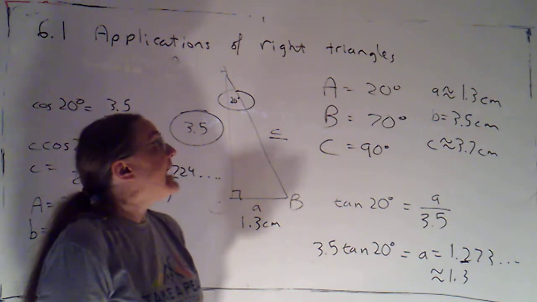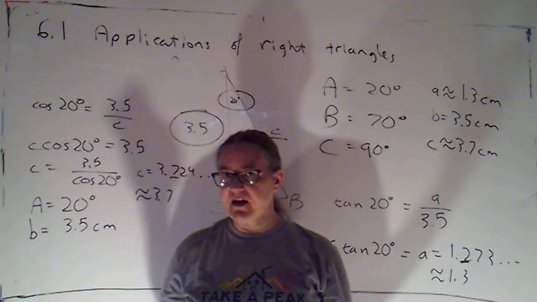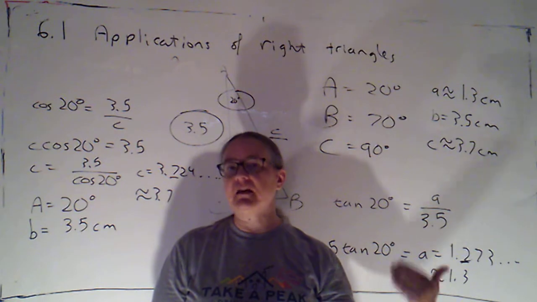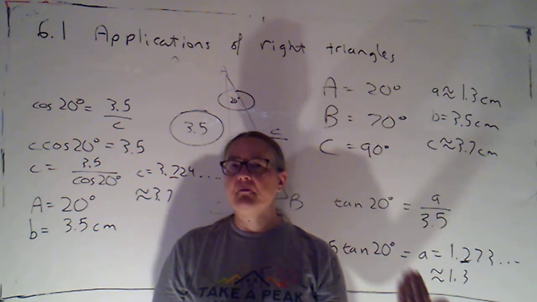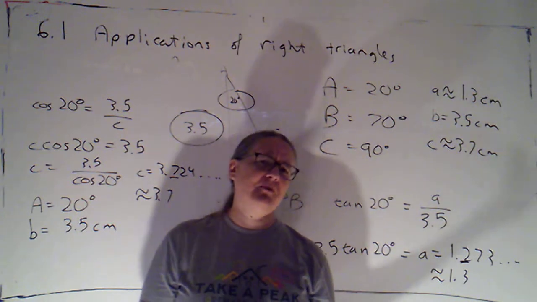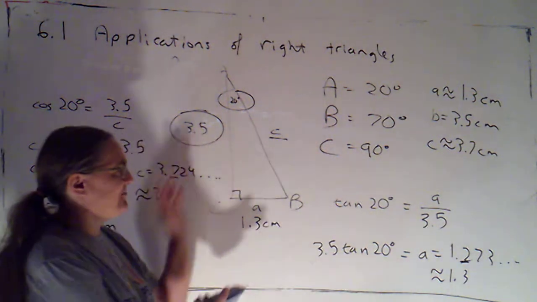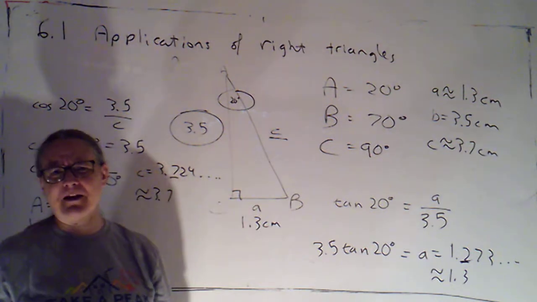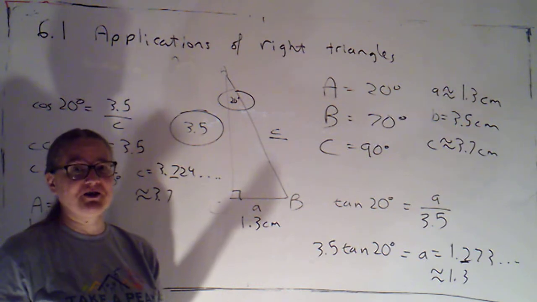Okay. Now, I mentioned that it's best, if possible, to use the given information rather than use values that you've just calculated. I do think that's important, but we're covering this section fairly quickly, and the book sets a bad example because in a similar problem, they go ahead and do the Pythagorean theorem. So I'm going to mention that it's always best to use the given information if possible.